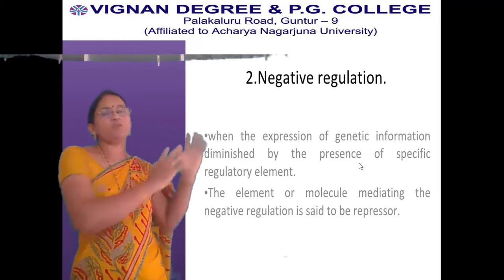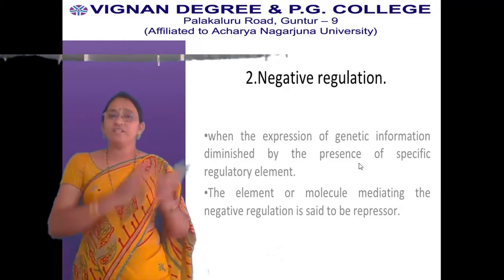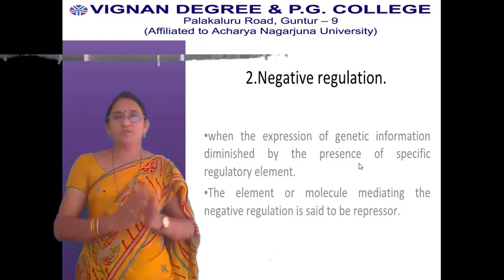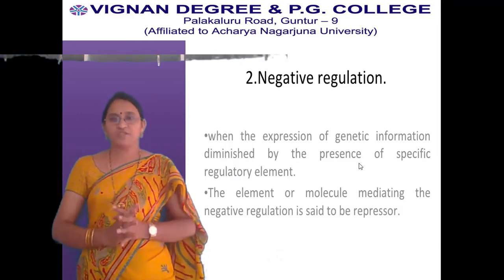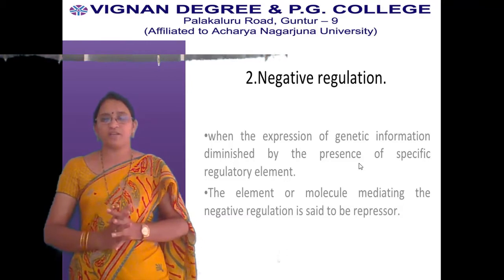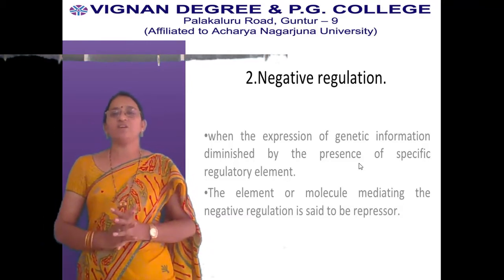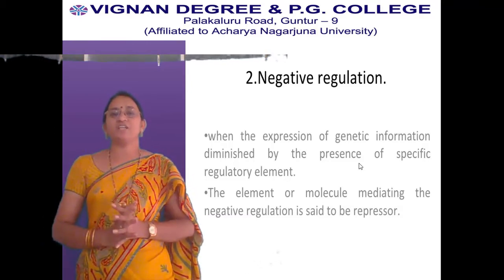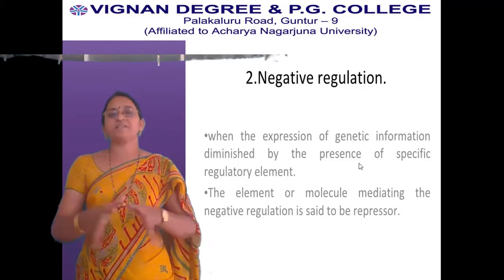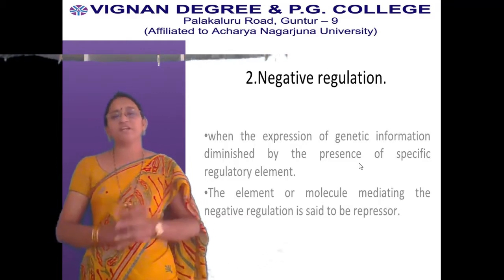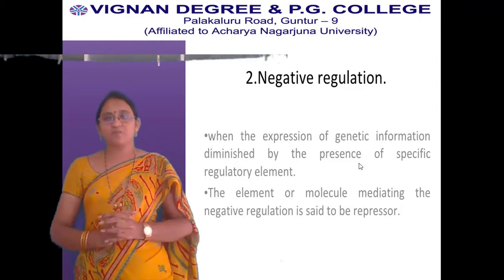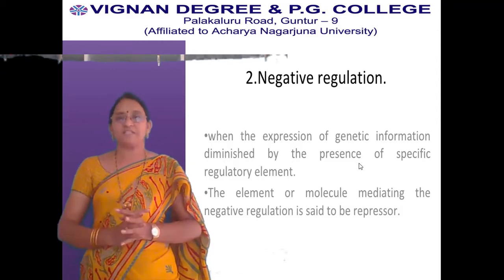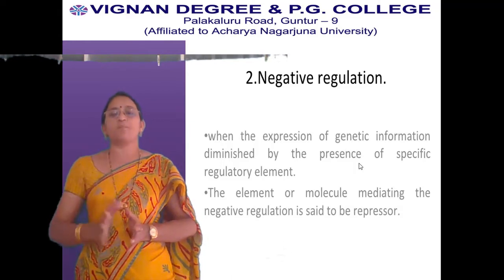Coming to negative regulation. We discussed positive regulation, where inducer molecules, activators, positive regulators enhance the expression of the gene. Negative regulation is when the expression of the gene is diminished or repressed by the presence of a specific regulatory element. Because of the presence of certain molecules, gene expression is decreased or stopped.